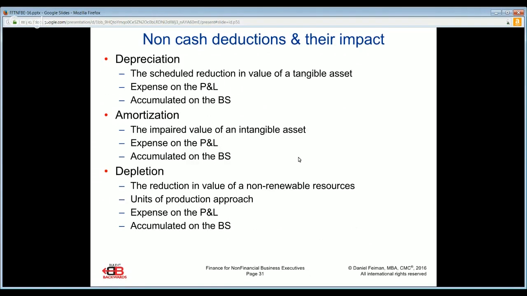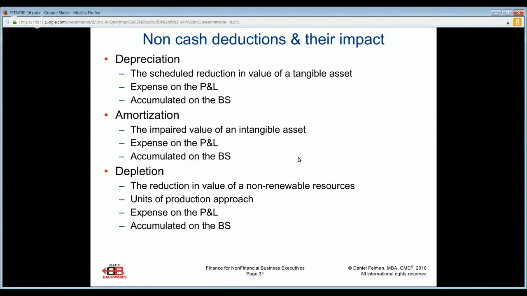So where the depreciation is scheduled, predictable, and frequently the same every period, with intangible assets, we may have no loss of value for a few years, and then a significant or even a complete loss of value, expensed on the income statement and accumulated on the balance sheet in a given year.